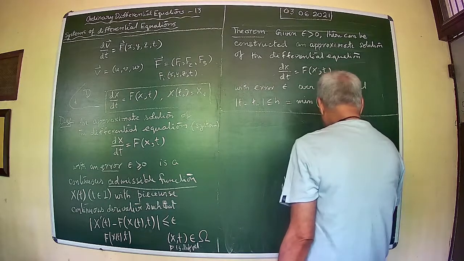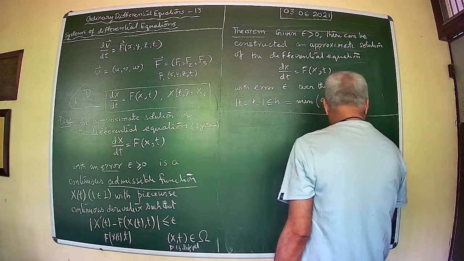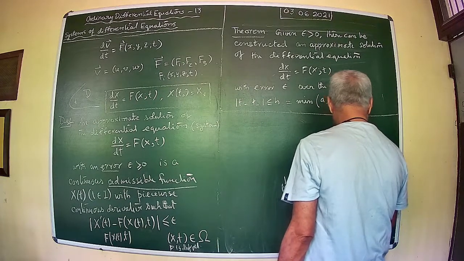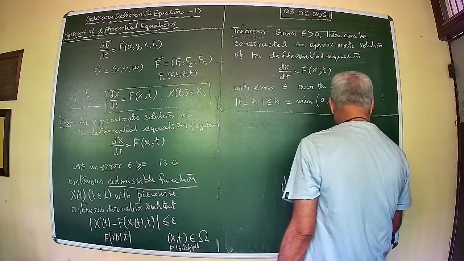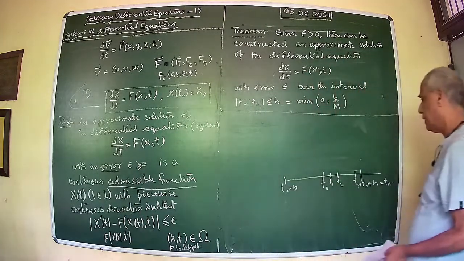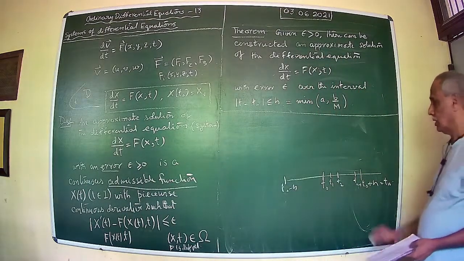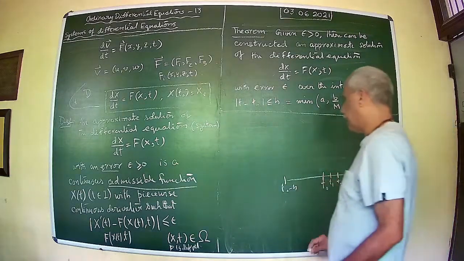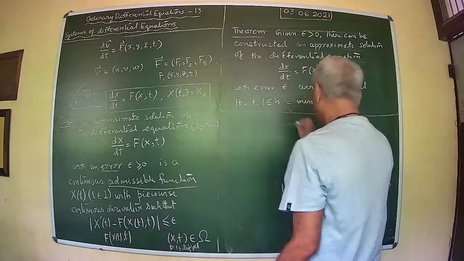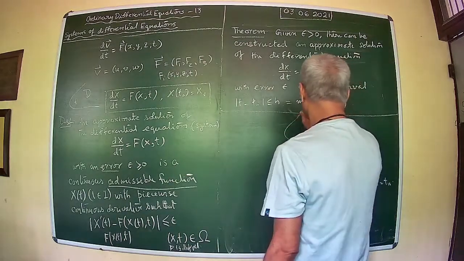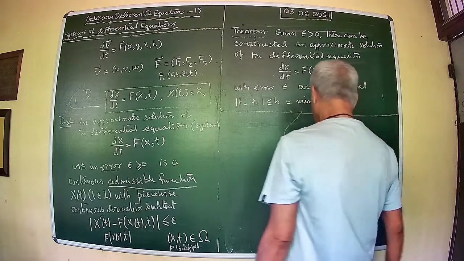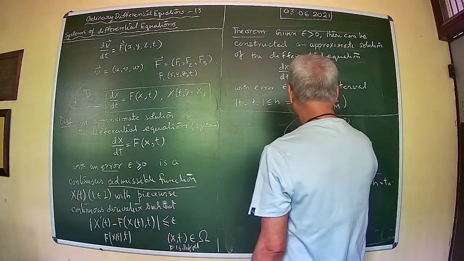There is a partition t1, t2, up to tn minus 1, this is tn, of the interval. How do you proceed from here? From t0, you are in this particular region, this is your D. At t0 you are here, at x0.